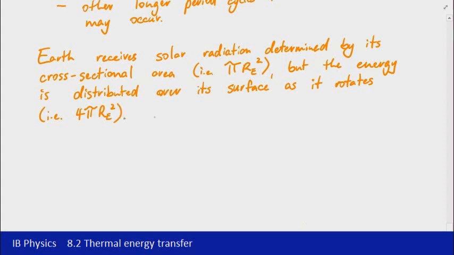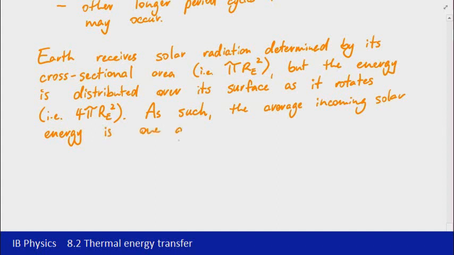And as a result, the solar constant doesn't actually reflect how much energy is received on the surface of the Earth, and we can then identify that the average incoming solar energy is actually 1/4 of the solar constant.